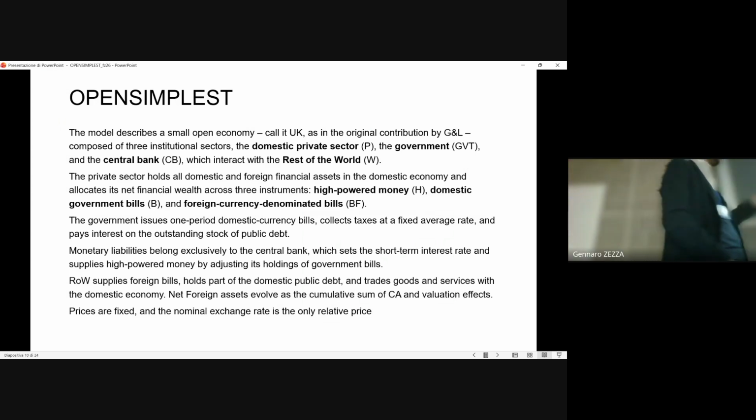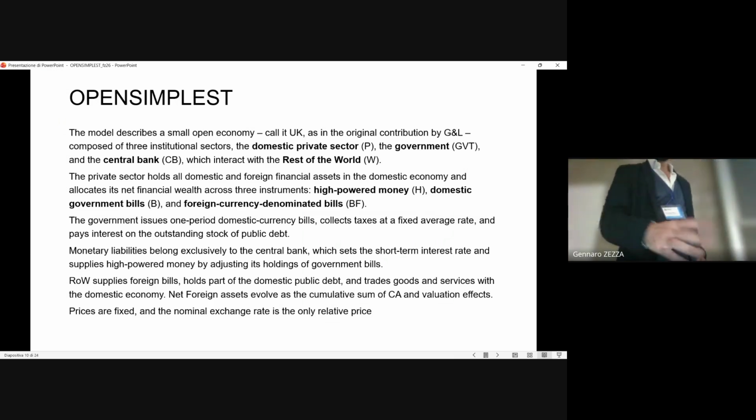So we have a domestic economy with three sectors, a private sector, government sector, and central bank, which interact with the rest of the world. So we have 4 sectors in total. The private sector holds all the financial assets. In this very simple model, we only have 3: high-powered money, domestic bills, and foreign bills. All the wealth of the private sector is held in these 3 forms.